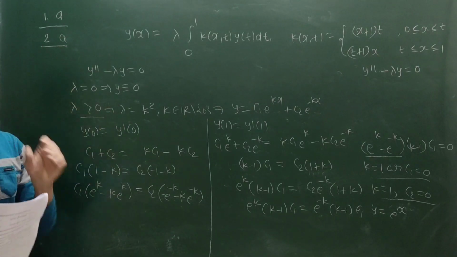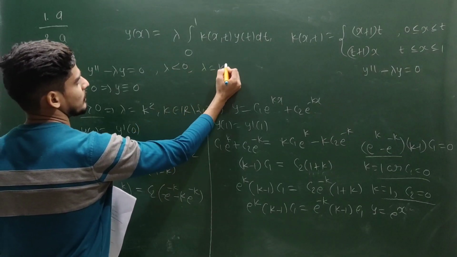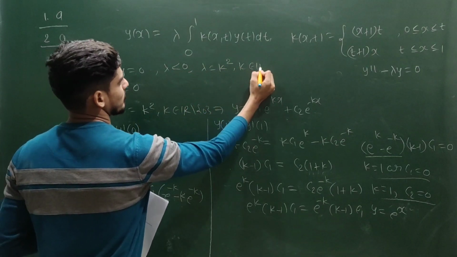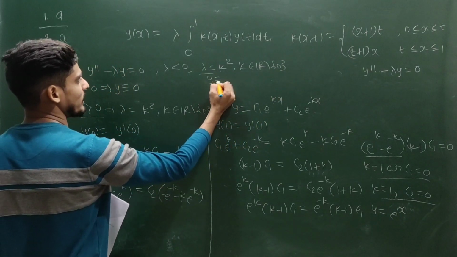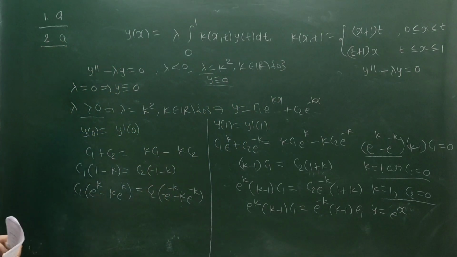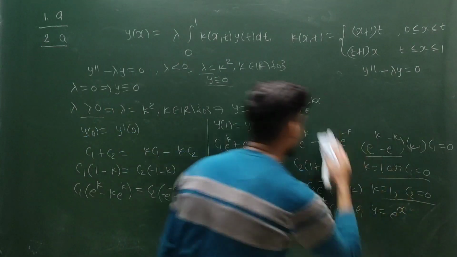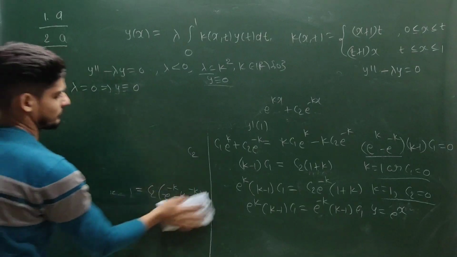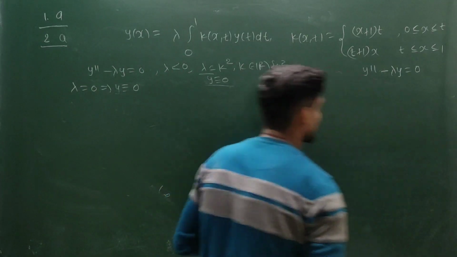Now, what is the second case that remains? If you choose lambda to be negative, that means lambda is k square, where k is some non-zero real number. So claim that you are going to get y identically 0 from here. Or you have one more criterion to discard this. You observe this part.